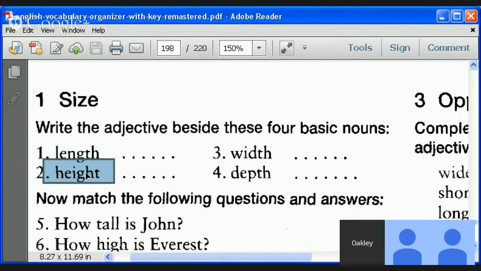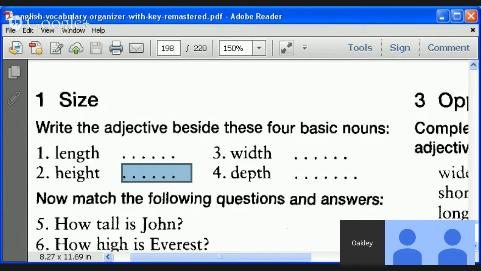Okay, Alan, how about height? Long. Okay. If a building has great height, we can say it's very... Very big? No, I don't know. Very big?